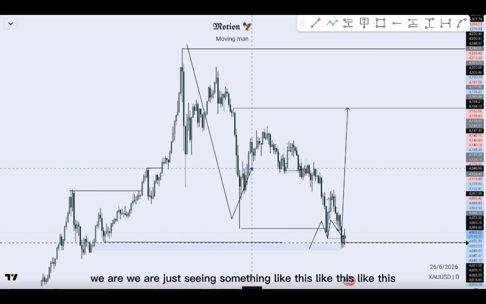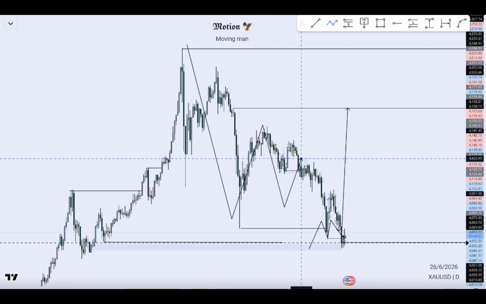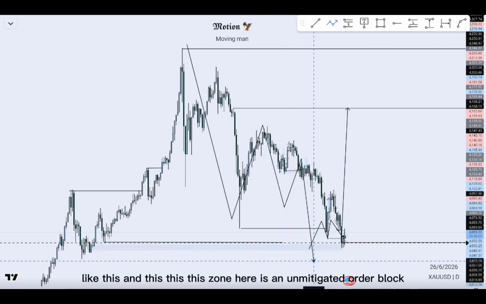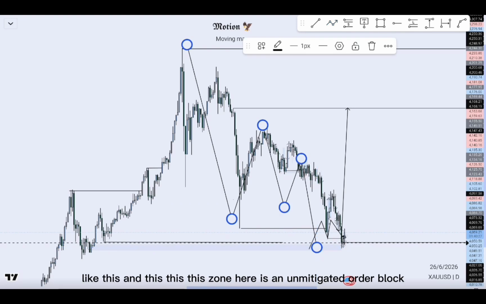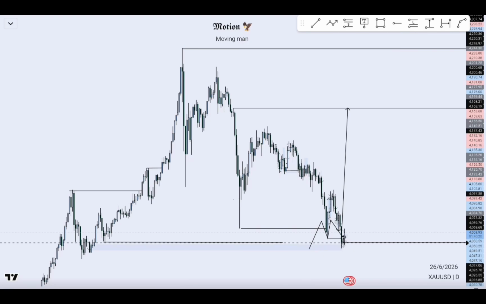We are just seeing something like this, and this zone here is an unmitigated order block from the higher time frame.